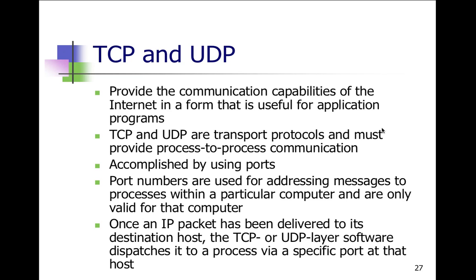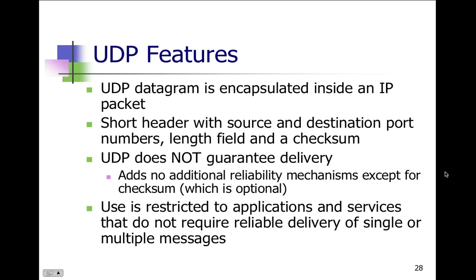Once the IP packet has been delivered to its destination, the TCP or UDP layer dispatches it and processes it via a specific port at that particular host. So we need the host, and we need the underlying IP to be running, which we have on all of our computers. We can open up two terminal windows, start our server on one end, bind it to a port, and start a client on the other end.